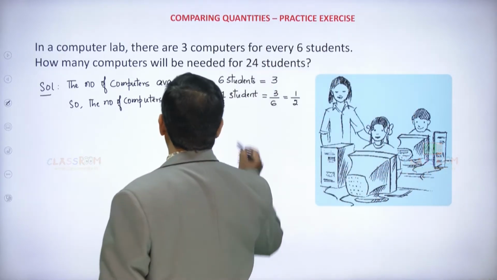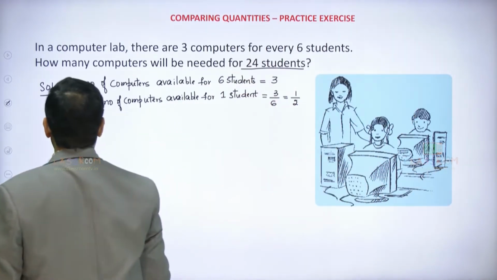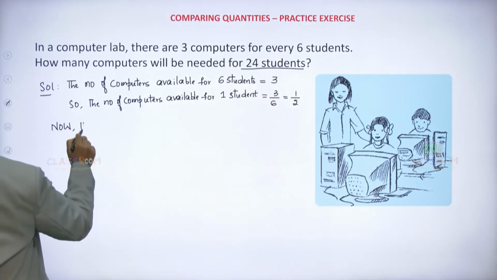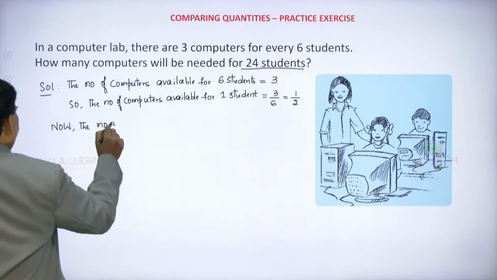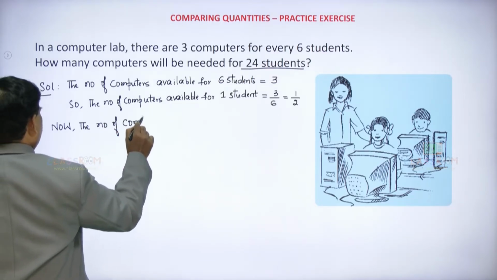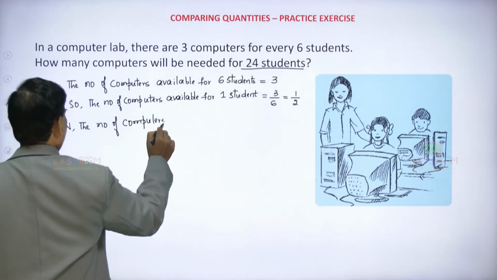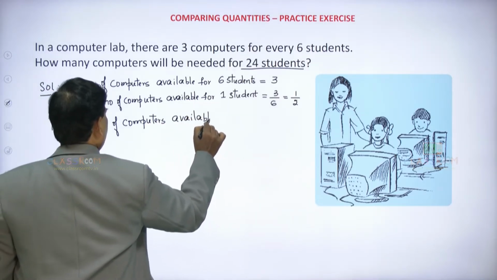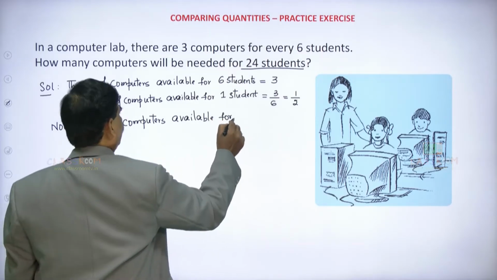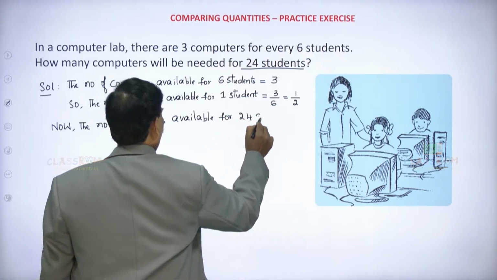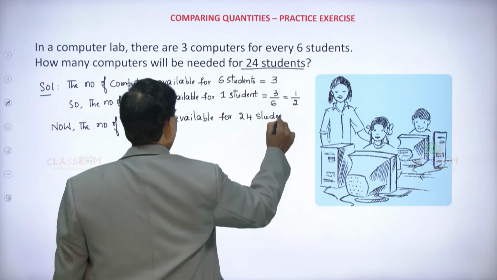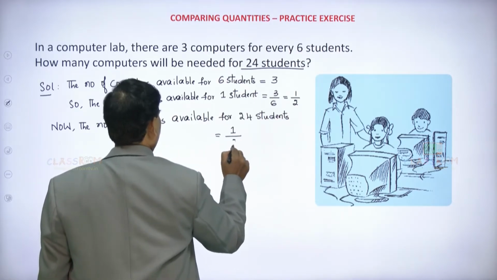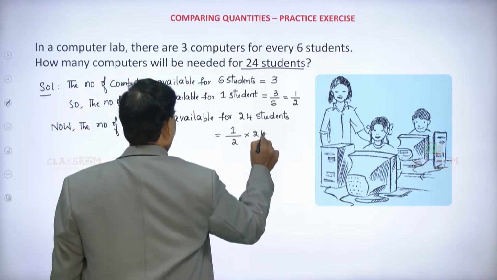So now he's asking for how many students? For 24 students. So therefore, now the number of computers available for 24 students is equal to 1 by 2 into 24.